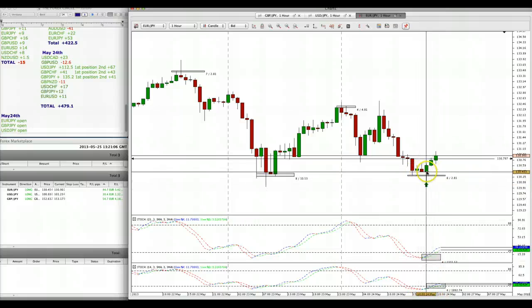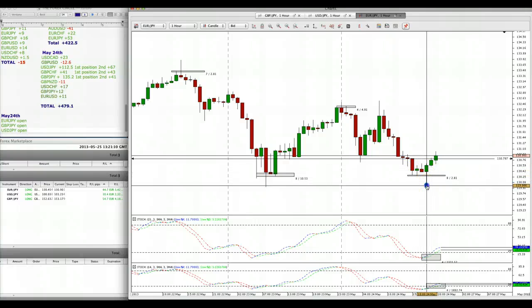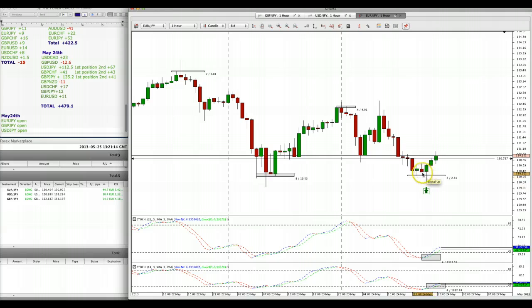Since I don't need to qualify a color change candle, I'm qualifying this based solely on the pin bar. It's a nice kangaroo tail. It is larger than the previous tail, so it does qualify. Not only that, we have a false break. So there's several reasons to take a trade at this area. First, we found support, support, support.